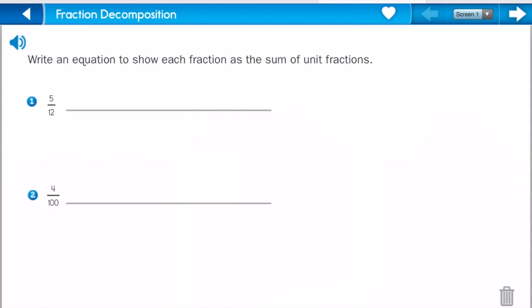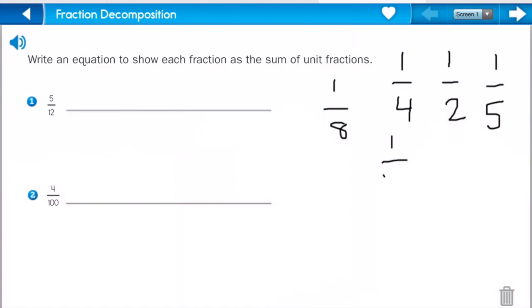A unit fraction is any fraction with a numerator of 1. For example, I will write a few unit fractions. 1 over 4 would be a unit fraction. 1 over 2, 1 over 5, 1 over 8, even 1 over 100.